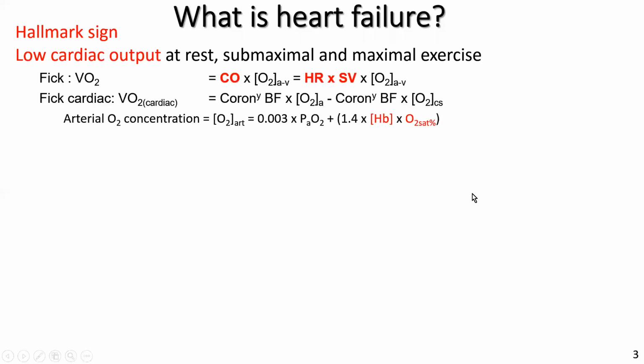Now, just to remind how cardiac output is important for the body, it's important in supplying oxygen to the body, in the sense that the Fick formula for whole body oxygen is cardiac output, which is made up of two components, heart rate and stroke volume, multiplied by the oxygen concentration difference between the arteries and the mixed venous blood. And I've covered this Fick formula in other videos in my series on YouTube.